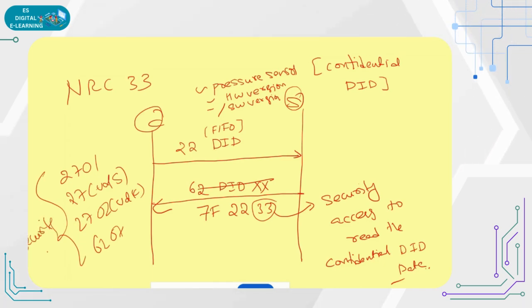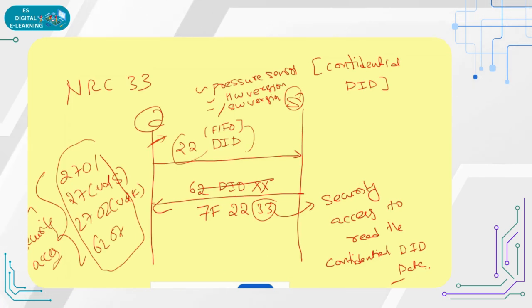Without security access, if you are trying to do it, you will get the NRC of 33. So what you need to do? Before entering this, you need to give the additional data like 2701, and then give the 22 DID. Otherwise you will get this NRC. It's clear, right?